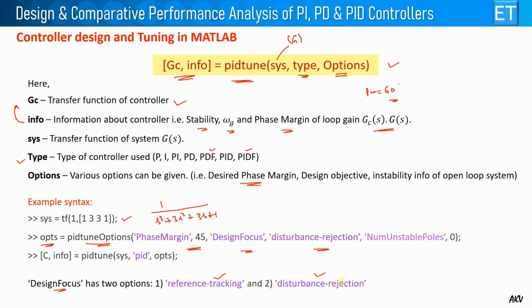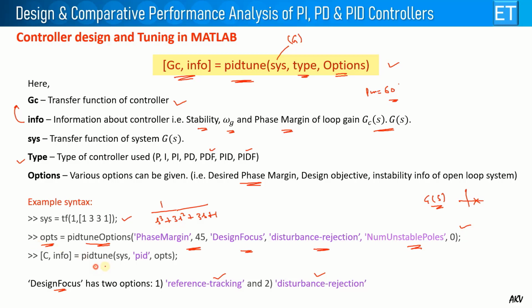And disturbance rejection is different. Here our objective is to reduce the noise which is introduced in the system by some external source. And the number of unstable poles we have to define for the open loop system. If your plant has some open loop poles in the positive right half of the s plane, then we have to define the number of unstable poles.